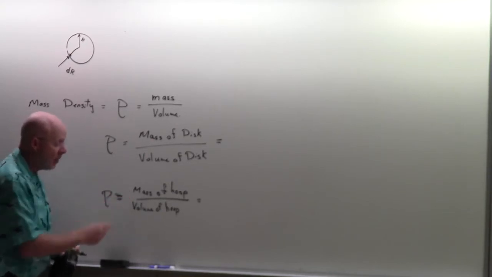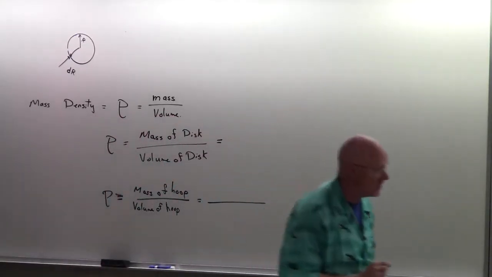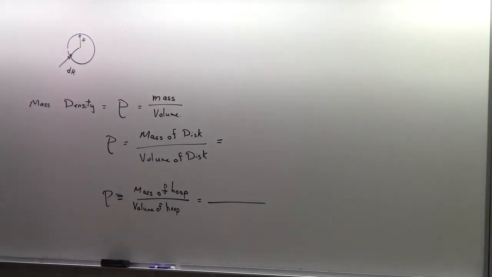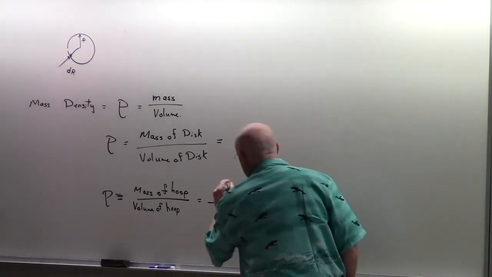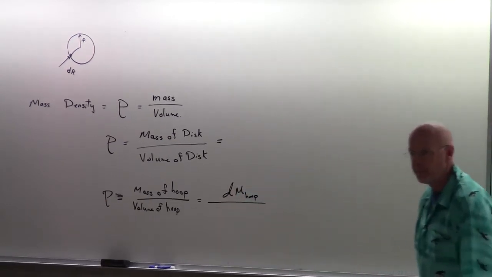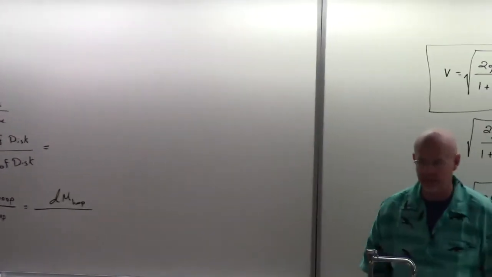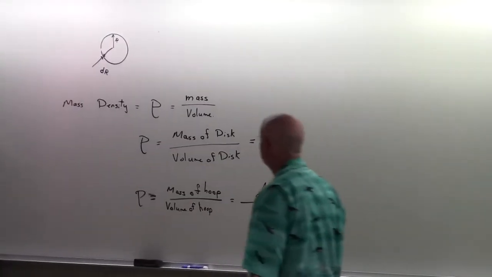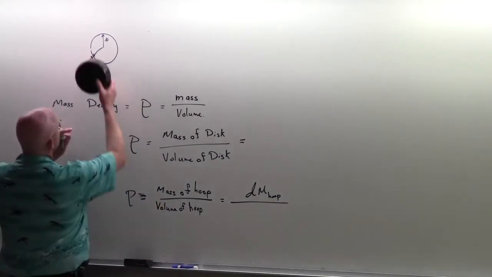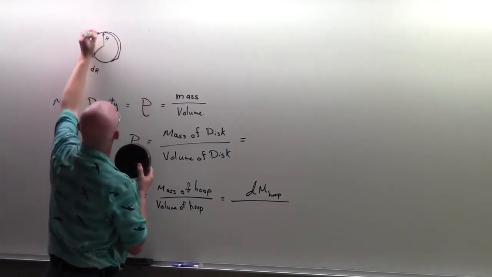Because if I were to say, what is the mass of an infinitesimally small hoop, that would be this. That is what that meant right there, right? So I could write this as dm of hoop, right there. And what would be the volume of this hoop? And I guess I've only done kind of a two-dimensional view of it.